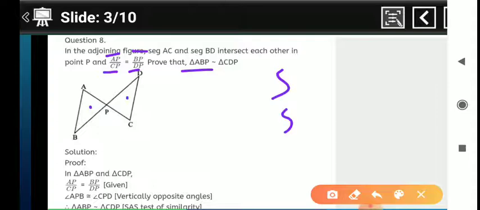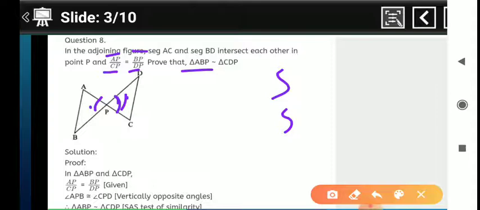Now we have to find the third condition for similarity. So we know vertically opposite angles. So in triangle ABP, angle APB is congruent with angle CPD, because the reason is vertically opposite angles.